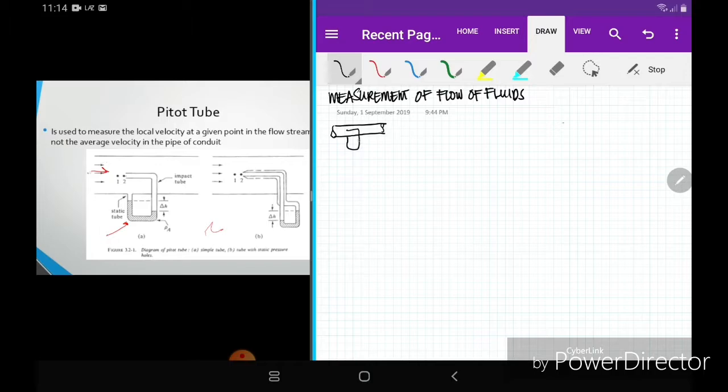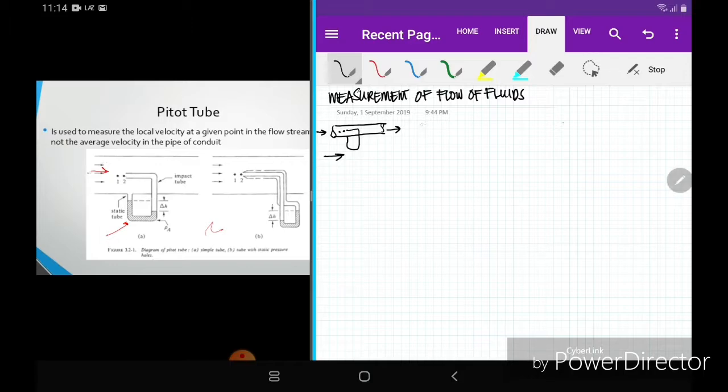This is your pitot tube, no? The flow is in this particular direction. So, ganyan. Then you have here your point 1 and your point 2. So, yung point 2 yung stagnation point, or the stagnation pressure at point 2. Tapos, kailangan malaman natin yung static pressure.